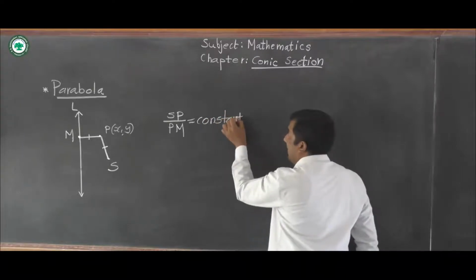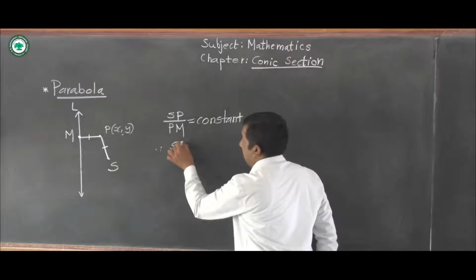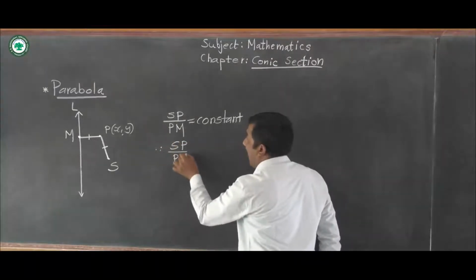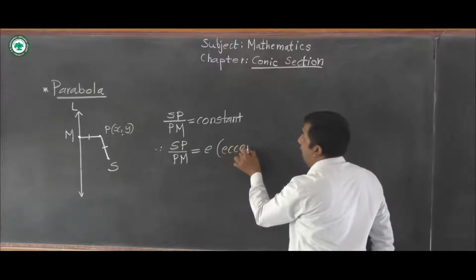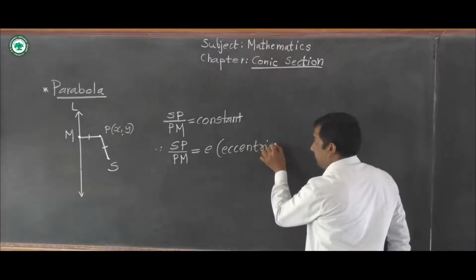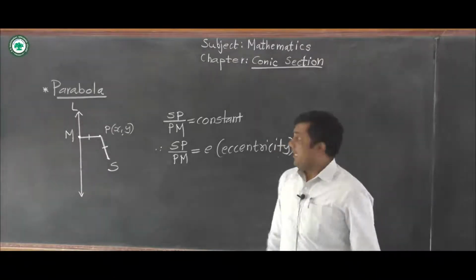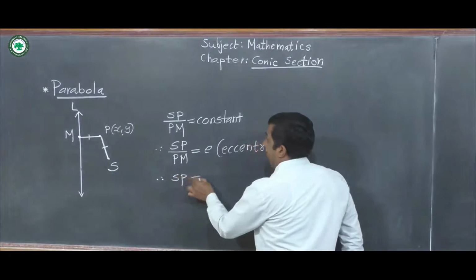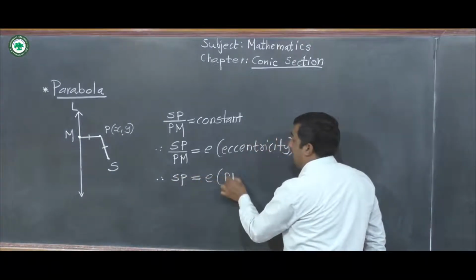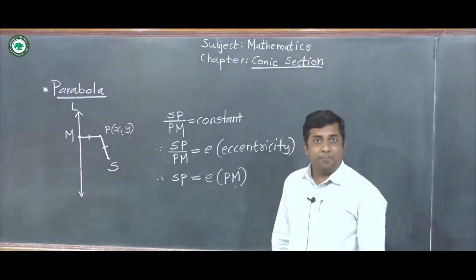So I write SP upon PM is equal to e. This e is for eccentricity. Then using this relation, I write SP is equal to e times PM.